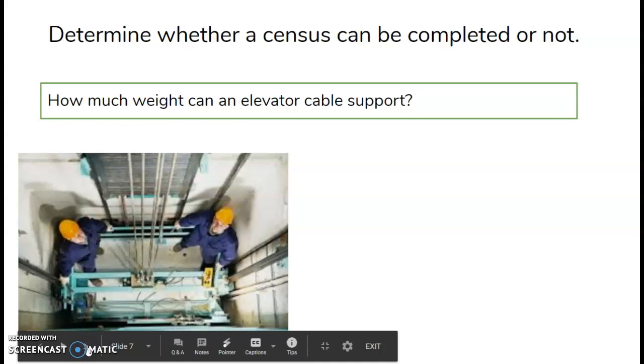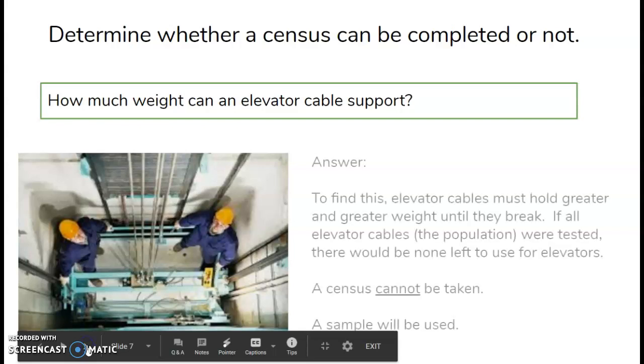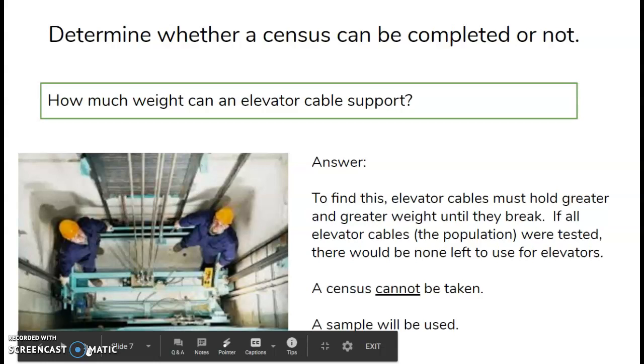One more. Determine whether a census can be completed or not. How much weight can an elevator cable support? In order to answer this question, I would need to test all elevator cables, and they must be tested by holding greater and greater weights until they break.